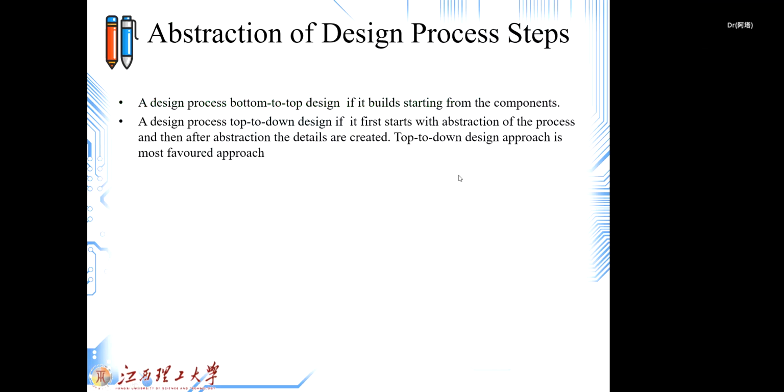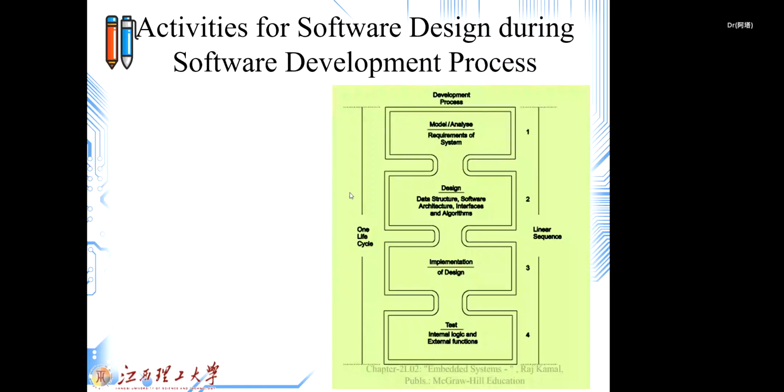In the whole, abstraction of the design process steps is bottom up if it is built starting from the components, and top down if it first starts with abstraction of the process and then after abstraction the details are created. The top down design approach is the most favored approach.